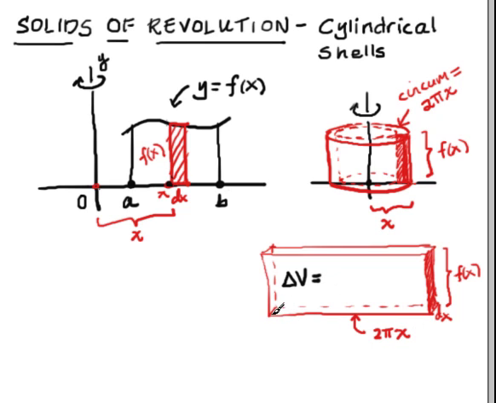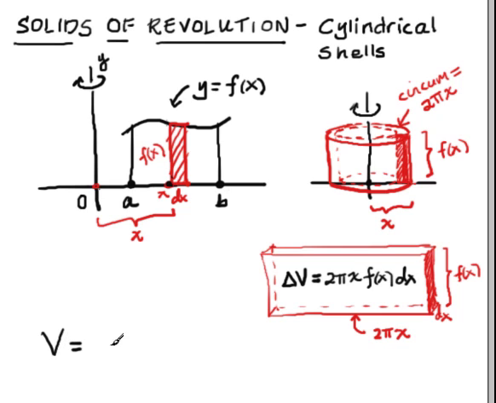That would be 2 pi x times f of x times dx. Let me write that: 2 pi x f of x dx. That's delta V.